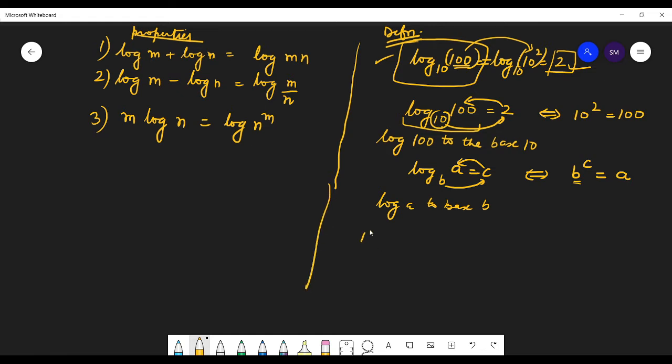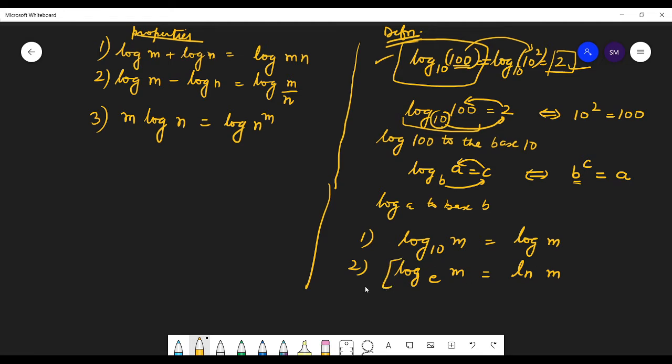Students, normally we use two logs: log to the base 10 and log to the base E. Log to the base 10 we simply write as log, and if the base is E, then we write it as ln. So that is the natural log.